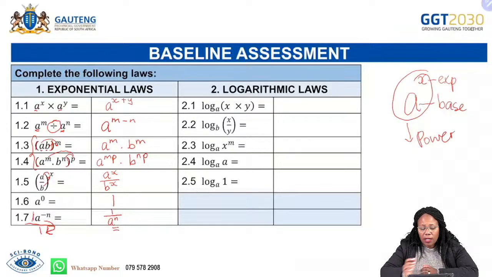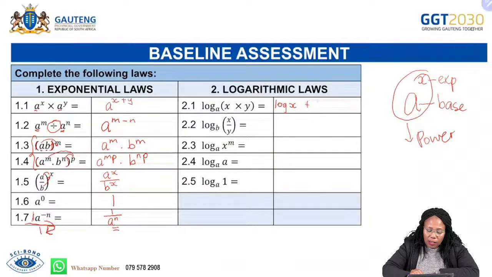Okay, and then now moving to the logarithms law. If you are having the log of x times y to the base a, then this was initially the log of x plus the log of y. And the base for both will be the same a because they come from the same log.